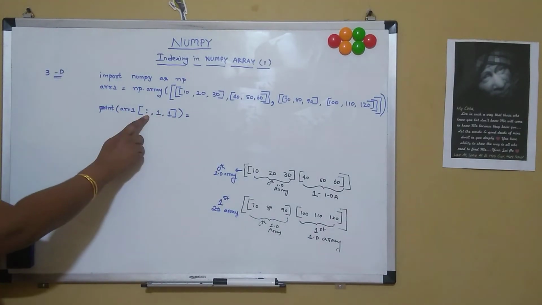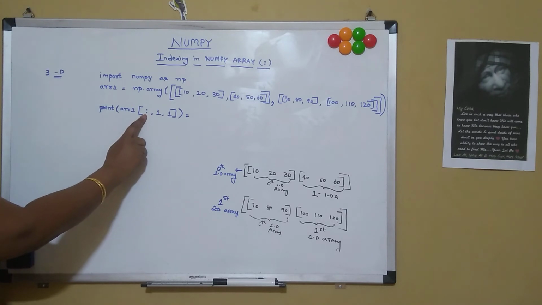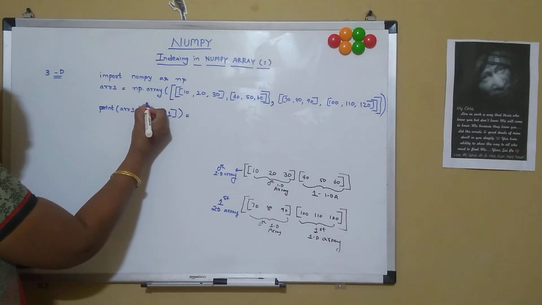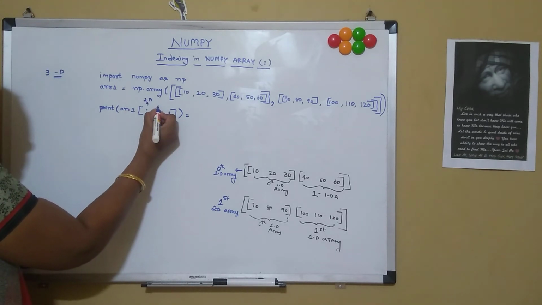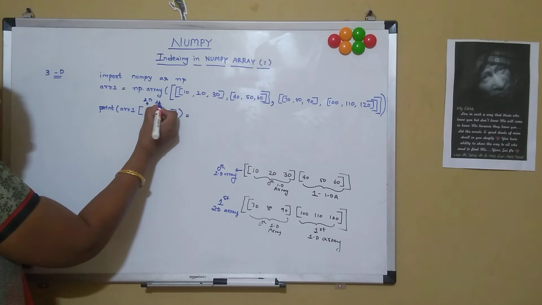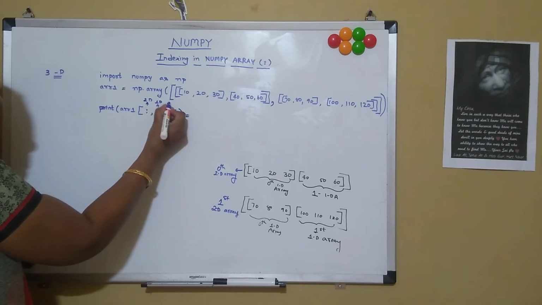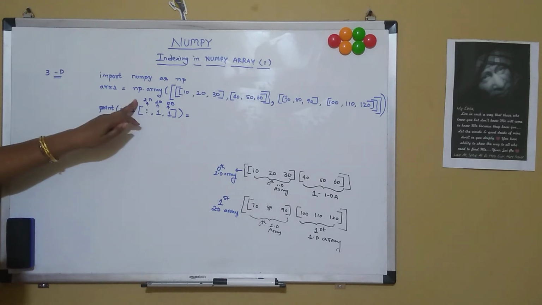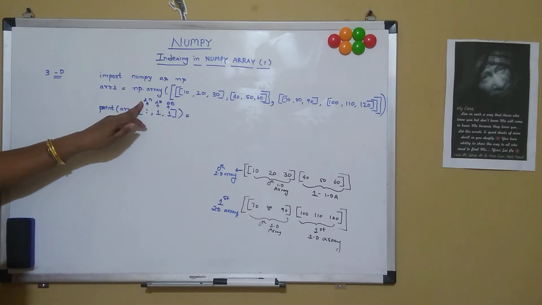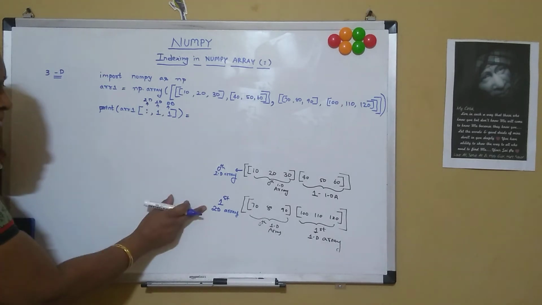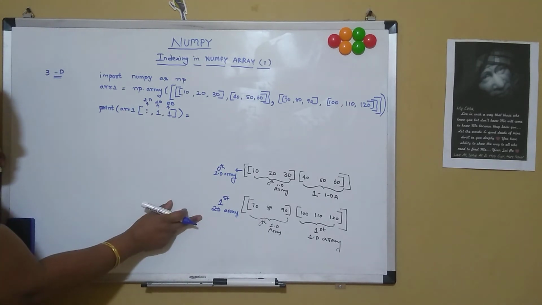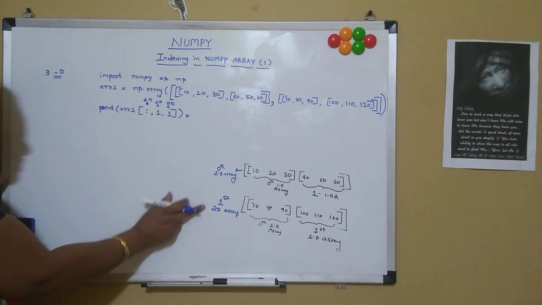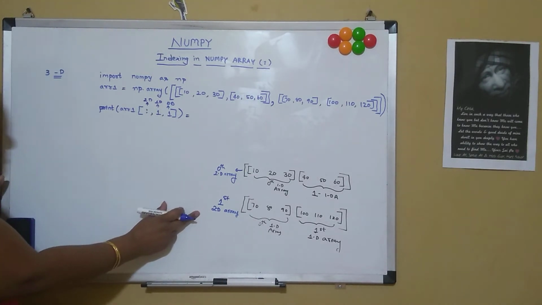So friends, here I am giving colon in the first index. The first index always stands for a 2D array, the second index for a 1D array, and the third index for the 0D array. Since I have given colon in the first index, which represents the 2D array, both the 2D arrays will be considered. So friends, we have to remember that when we give colon, both the 2D arrays will be considered.